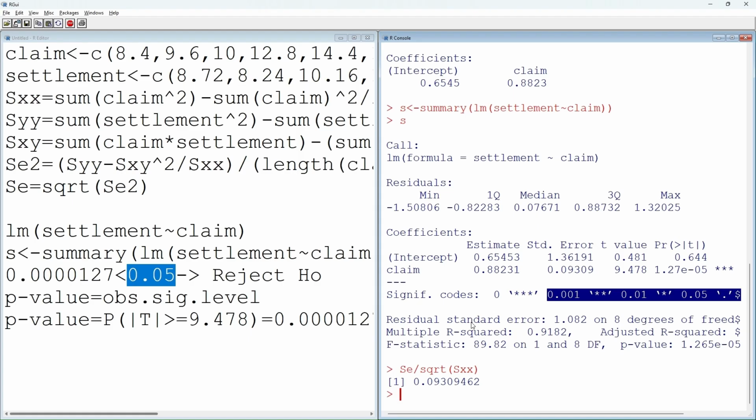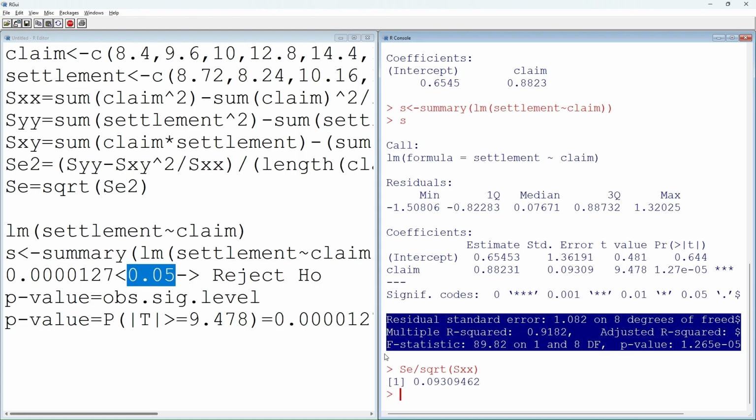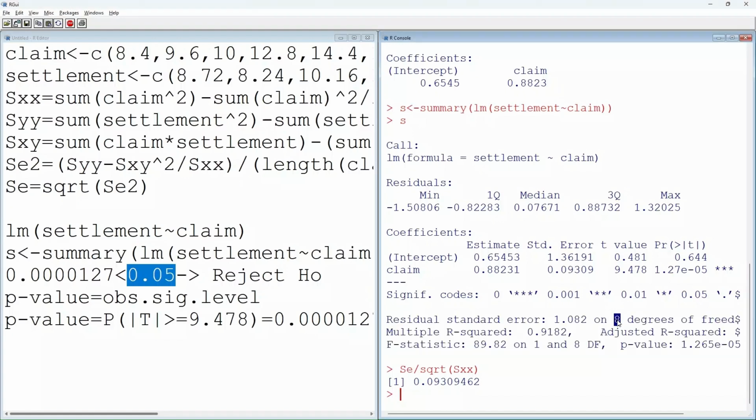Now there are other things that I want to discuss here, which are in this output. I'm explaining all these right now because if ever one day some of this information is hidden from you, you should be able to compute and determine it yourself. For example, we have 8 degrees of freedom. This is very simple to understand.